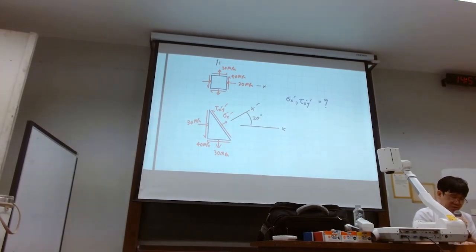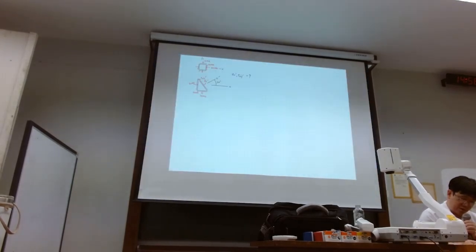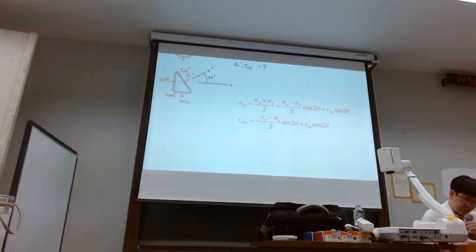Just in case you didn't get the formula, I'll copy it over to this page. I'm too lazy to write this every time, so let me drop this. So this is the formula that we use.